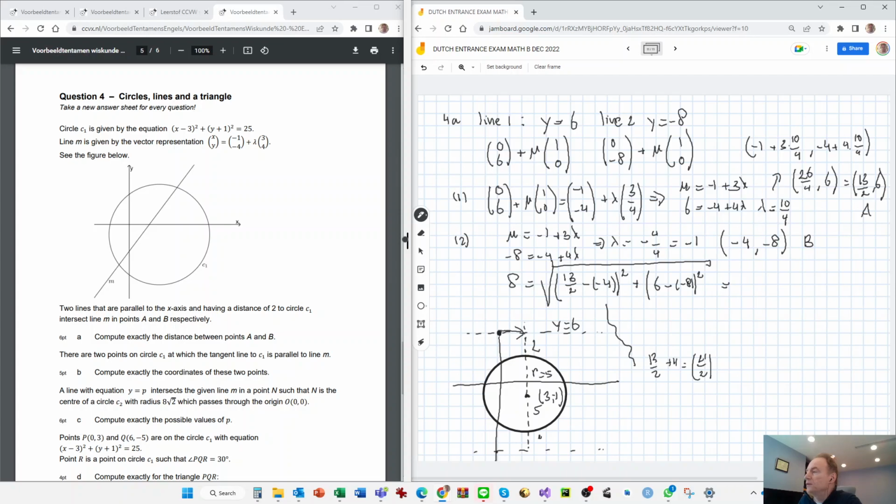So the 21 over 2 squared plus 14 squared, and then the square root.